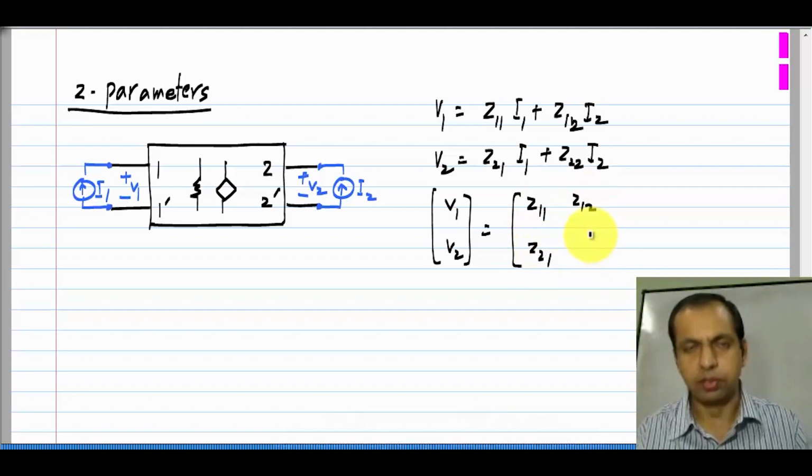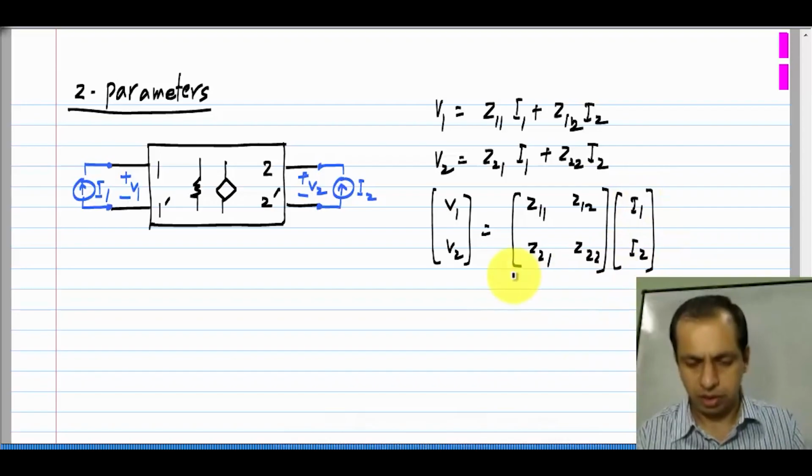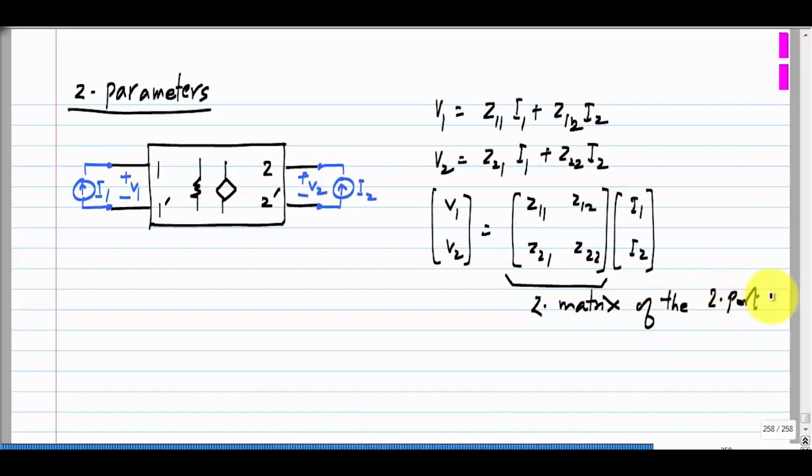It is exactly the same thing. So, the linear equations are placed in a matrix form, that is all. And this 2 by 2 matrix is known as the Z matrix or Z parameter matrix of the two port.